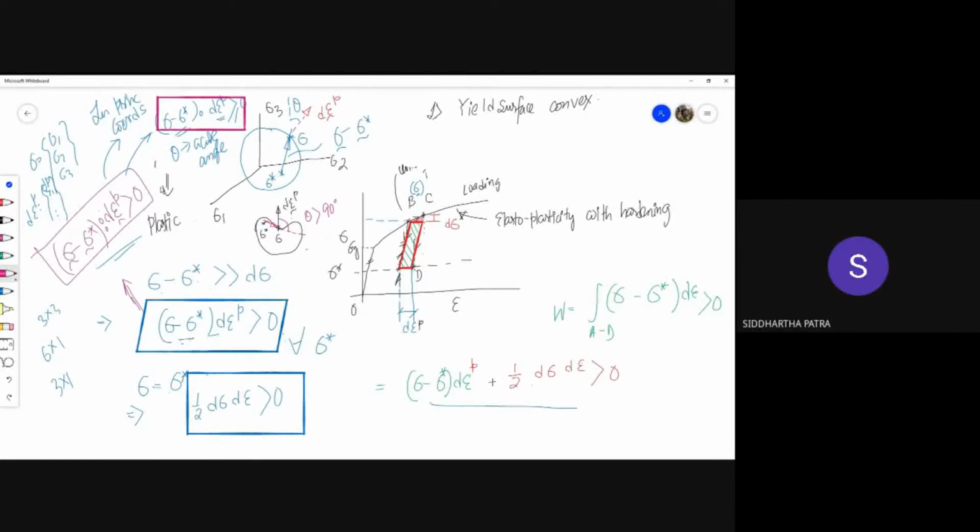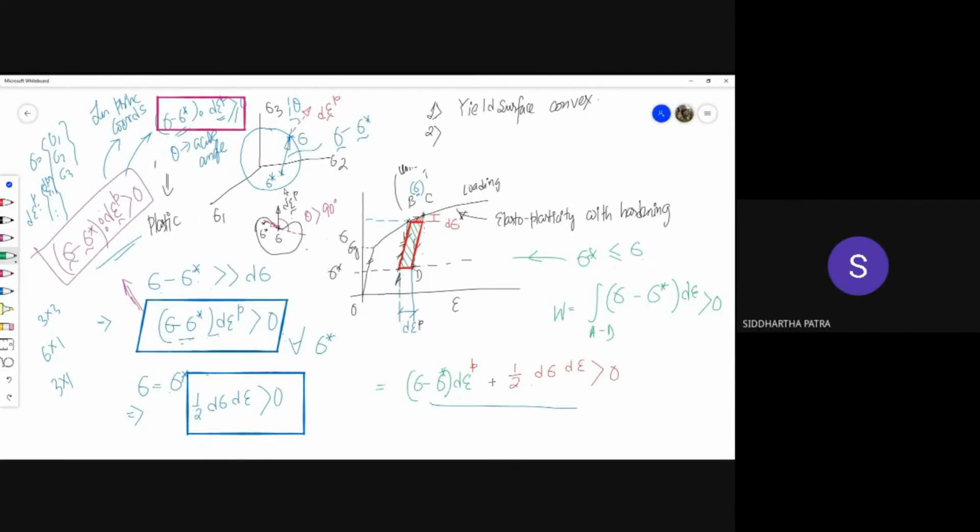And then there is condition number 2, and that is actually simple. Since this is true for any trial stress sigma star less than or equal to sigma, that is the uniaxial case.